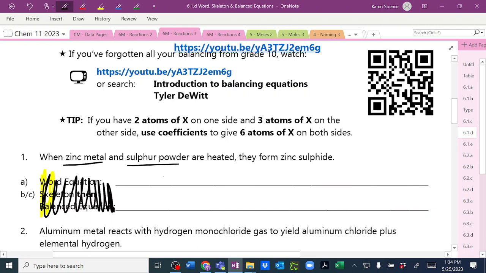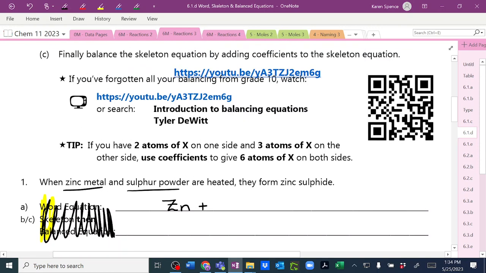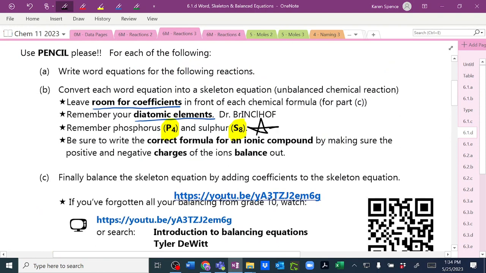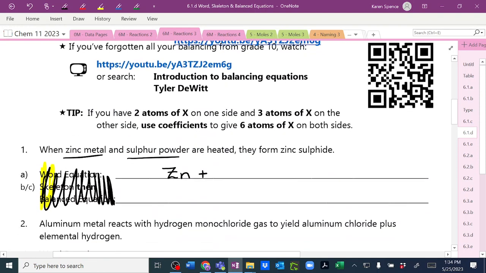For zinc metal, I'm going to write Zn 2+, right? No, why not? Elements on their own are neutral. And I have sulfur powder. Now remember, sulfur was one of those little bizarre ones, S8.